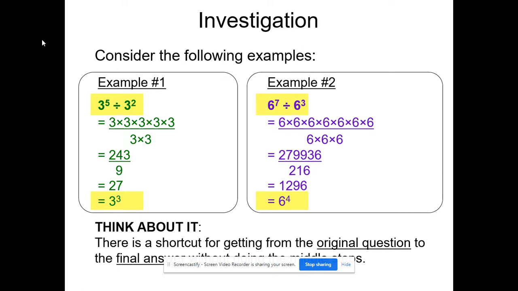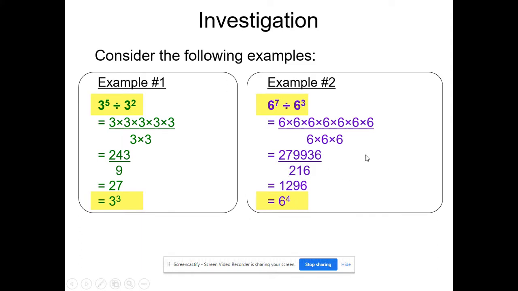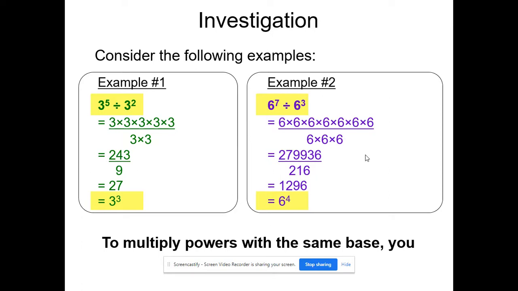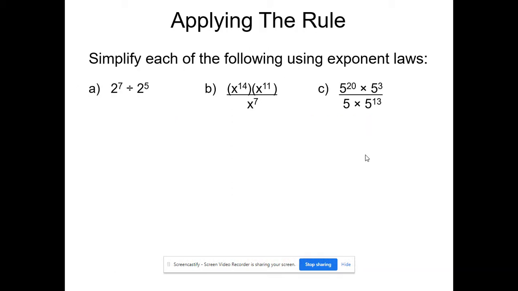Hopefully you noticed that if you subtract the exponents, 5 take away 2 is 3, and 7 take away 3 is 4. So when you are dividing powers with the same base, you're going to leave the base the same and subtract our exponents.